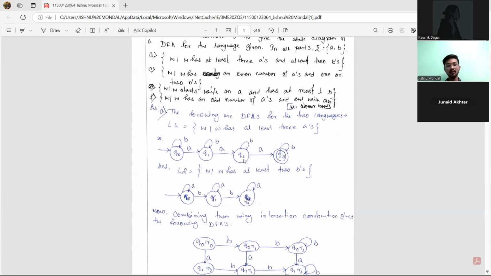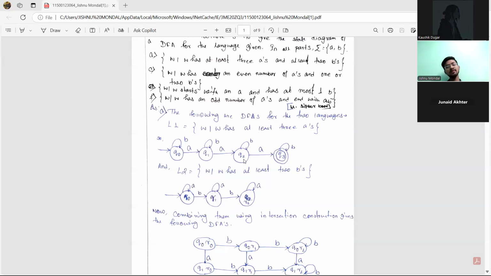For this, the state diagram is like this: Q0. If we give a, Q1. If we give a here, we get Q2, and if we give a, Q3. As it is at least three a's, we need at least three states.